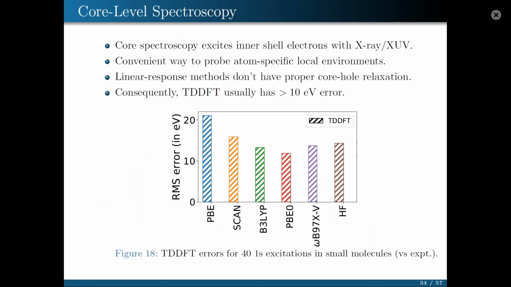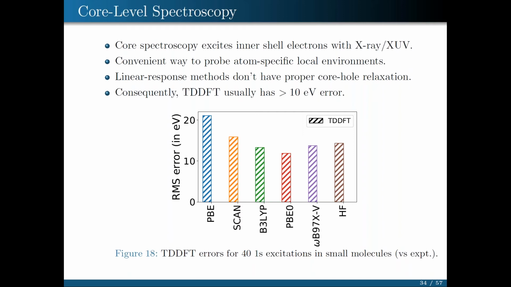There's one other regime in which using orbital optimized methods confers significant advantages, and that is core level spectroscopy. In core spectroscopy, we are trying to tickle inner electrons with X-ray or XUV radiation and either ionize them or excite them to some high-lying unoccupied level. This is a very convenient way to probe atom-specific local environments because the inner electrons are not really involved with bonding.